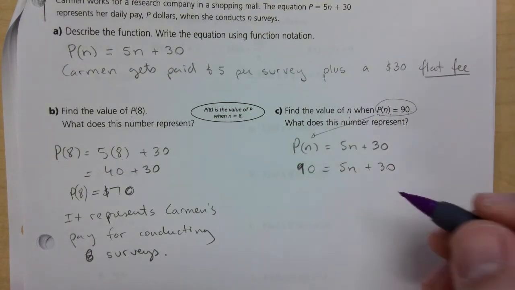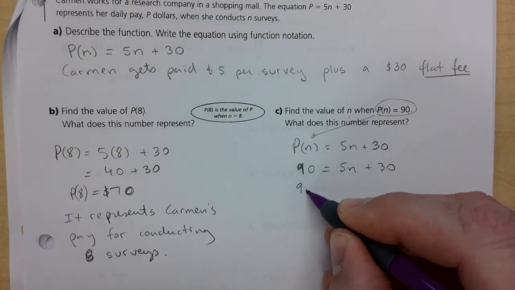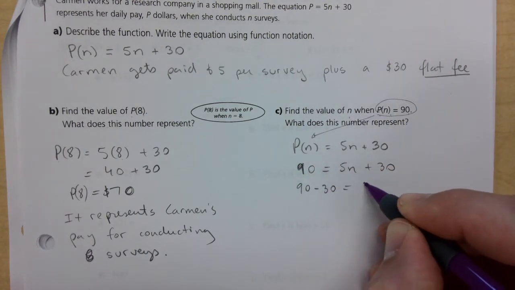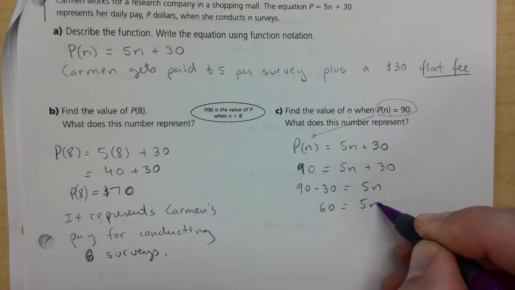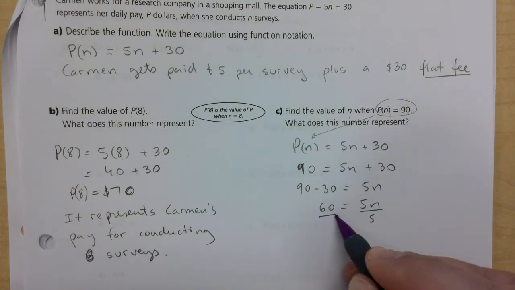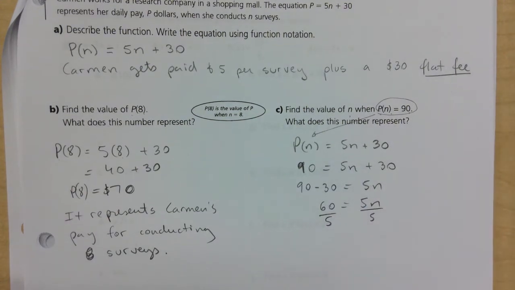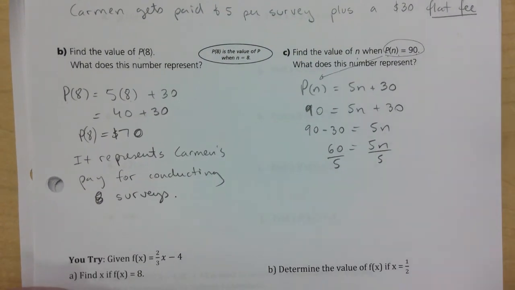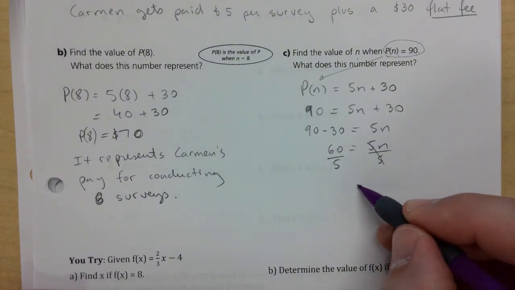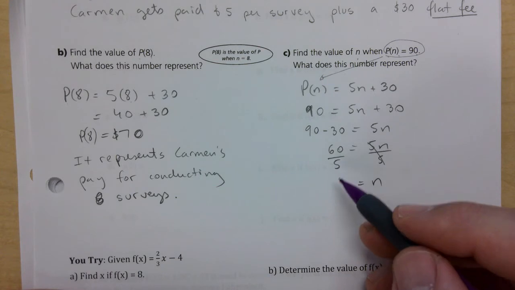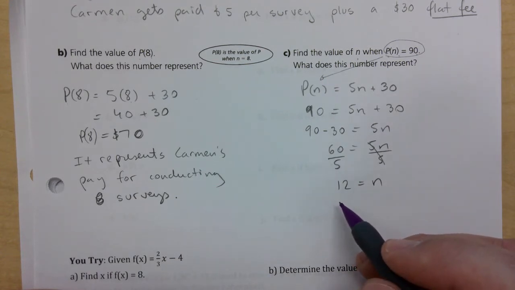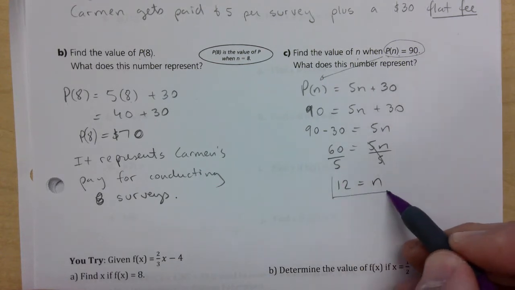So it's actually pretty straightforward. The 30 comes over subtracting, leaving you with 5n on this side. That gives you 60 is equal to 5n. Divide both sides by 5. And remember, you have your calculator, but it really doesn't help you a whole lot here. And that would be 12, right? N is equal to 12.